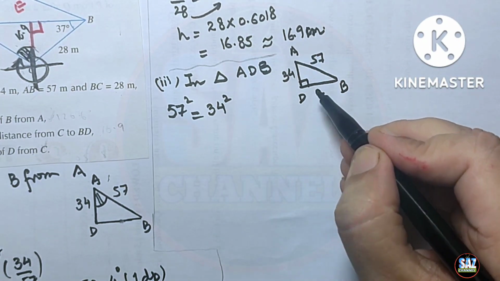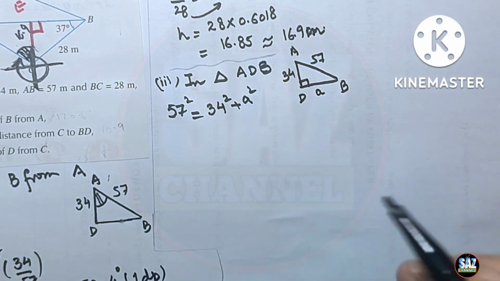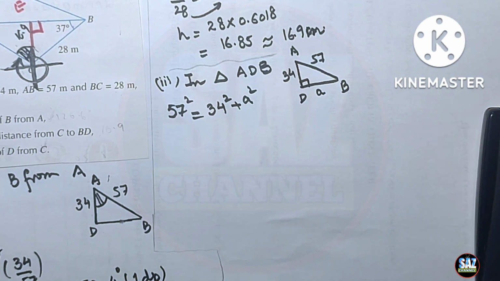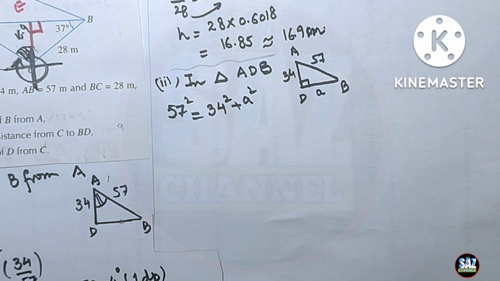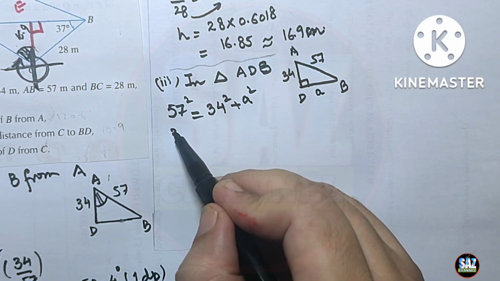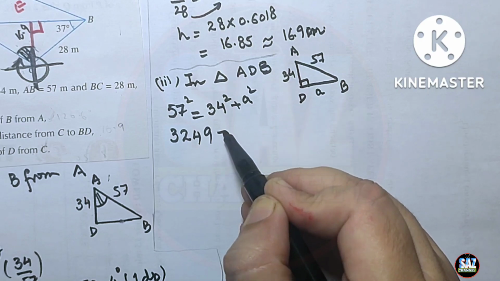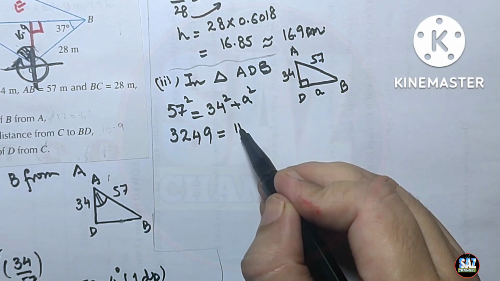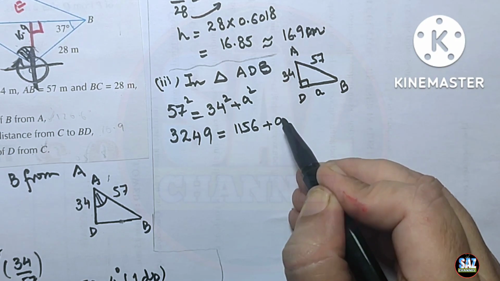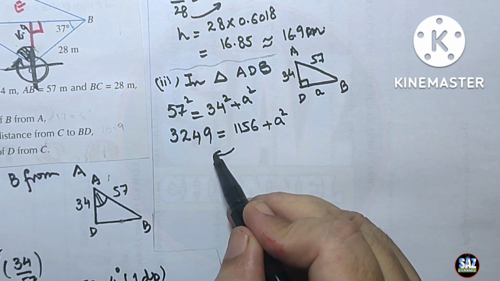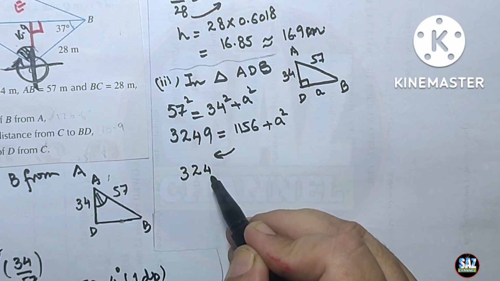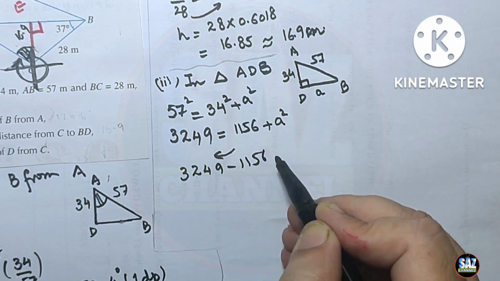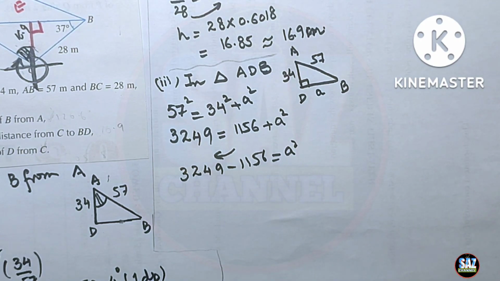Now 57 times 57 is 3249. 34 times 34 is 1156, plus a square. Shift this to the other side: 3249 minus 1156 equals a square. This gives me 2093.